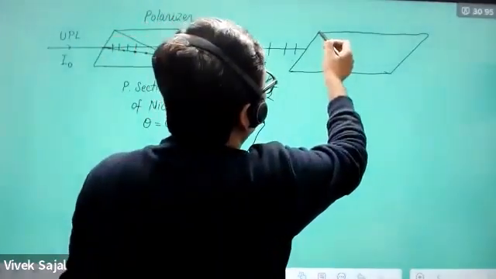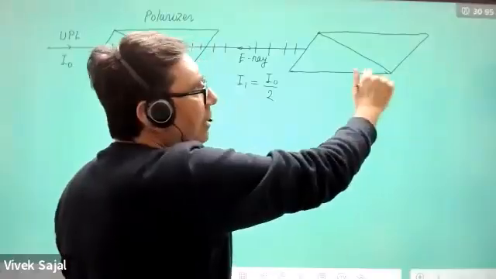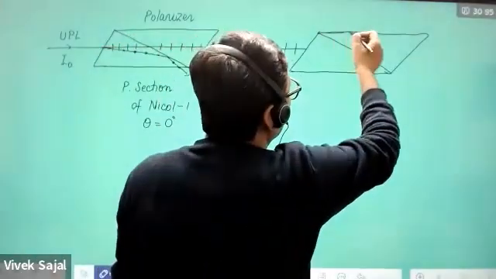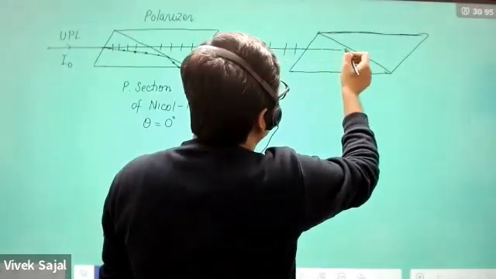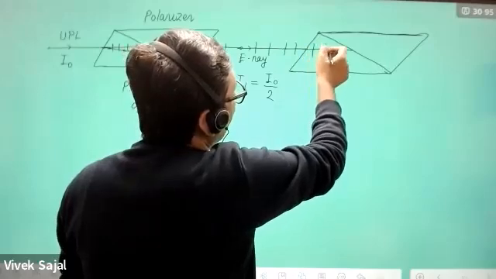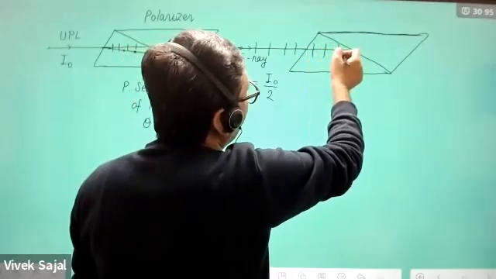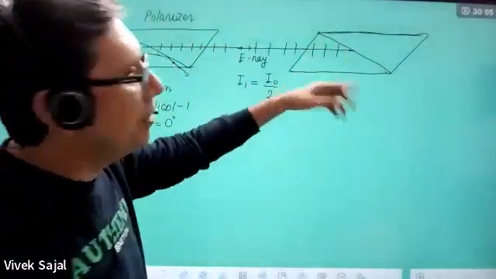So this is Nicol 2 and its principal section is also lying along the board. So when these electric vectors enter here, they will be parallel to the principal section. So there will be no double refraction here.